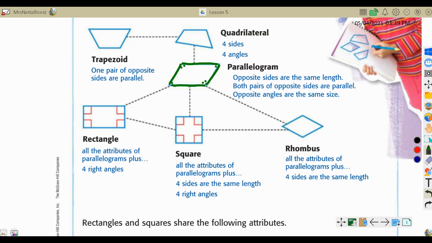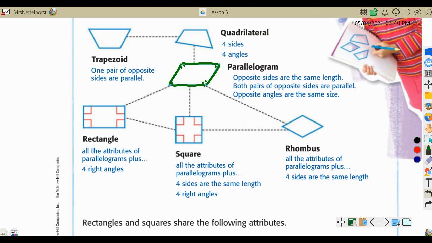Okay, these four things here are all quadrilaterals. Any four-sided figure with four angles is a quadrilateral. These four things down here are specific kinds of quadrilaterals. Okay, and one other quadrilateral that's not related to anything but quadrilaterals is the trapezoid, because it only has one pair of opposite sides that are parallel.